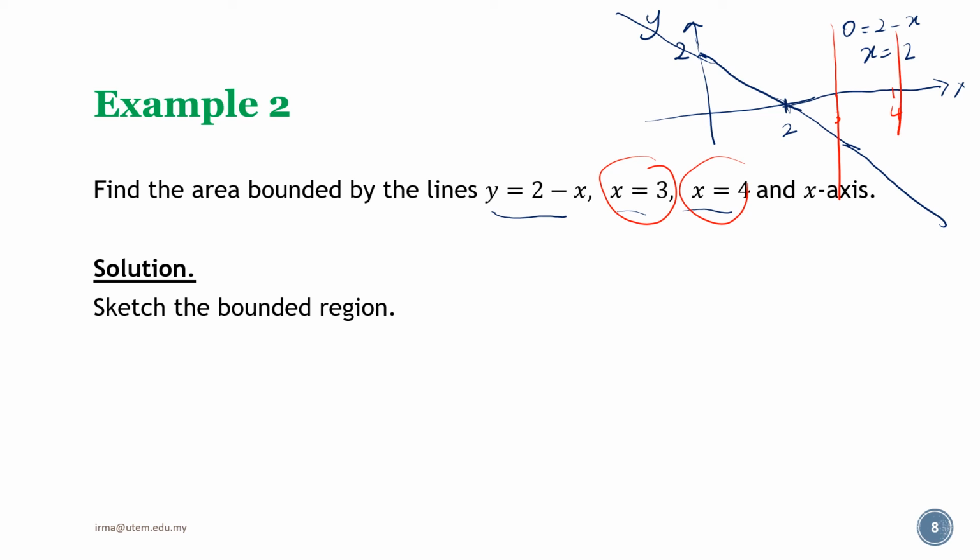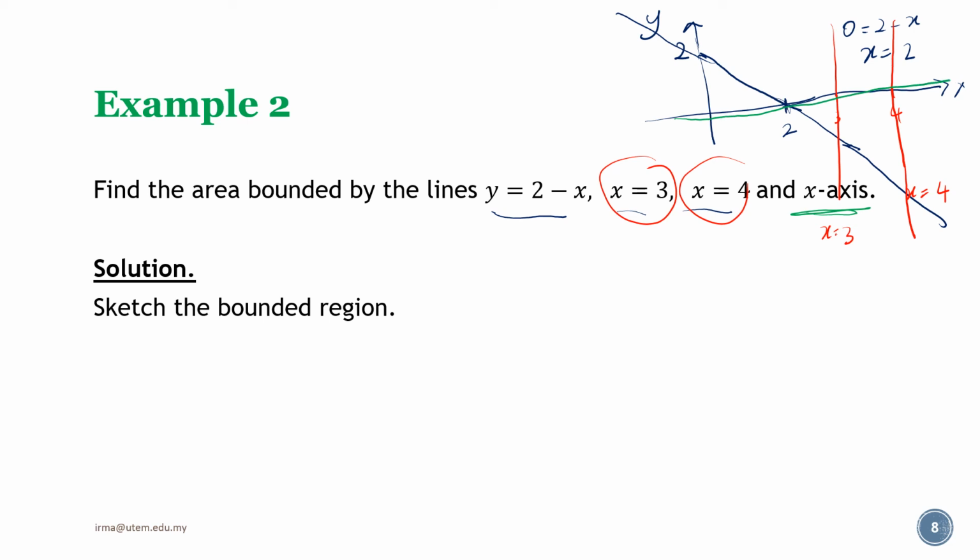So we have this line, x equal to 3, and this one is x equal to 4, to here. Another piece of information we have is the x-axis. This is the x-axis.